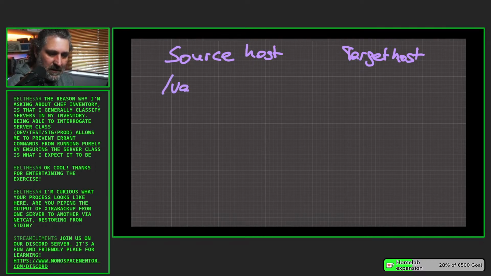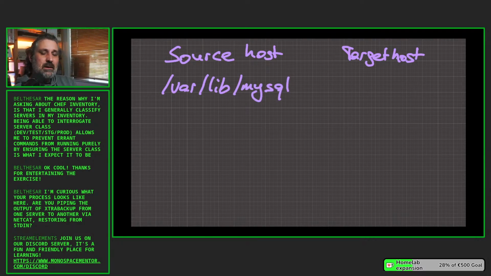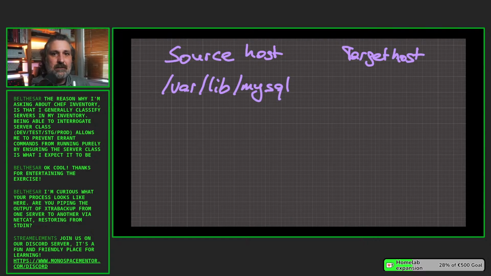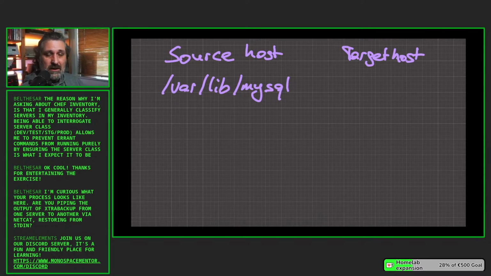That's usually var/lib/mysql. If you copy this directory to the target host, there's only one scenario in which this will work, and that's if the source host doesn't have the database running. If it's offline, then you can simply take this directory, copy it over, and actually start MySQL on the target host, and it'll work.